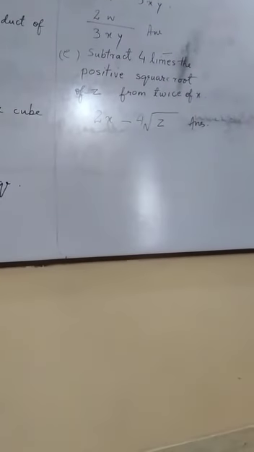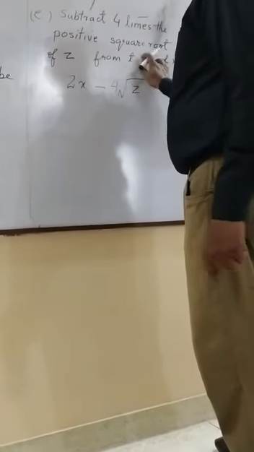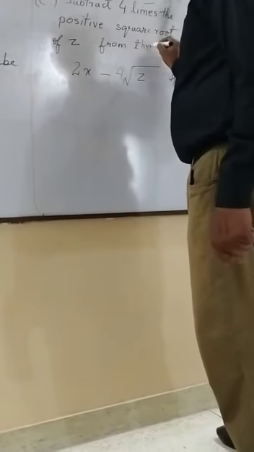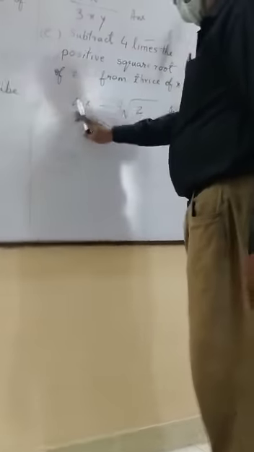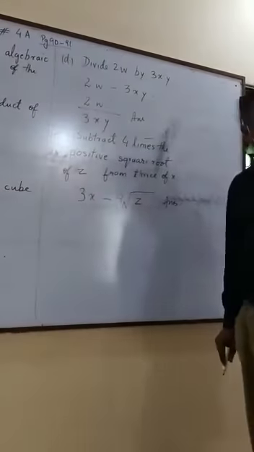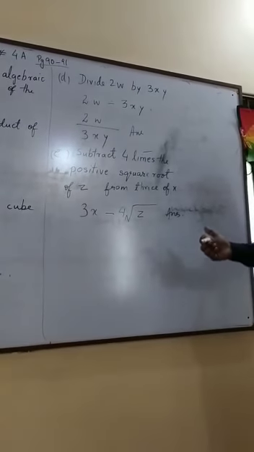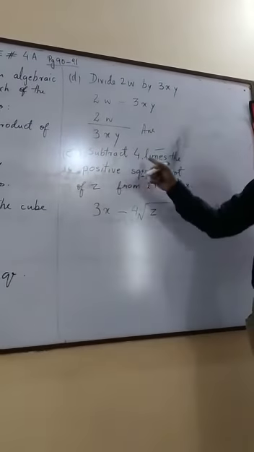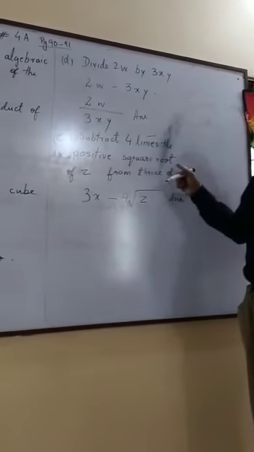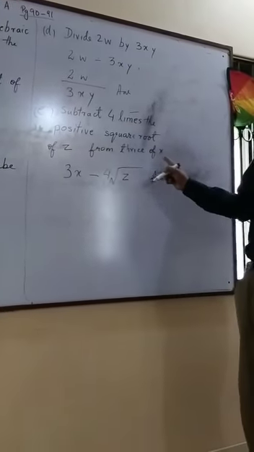Subtract 4 times the positive square root of z from thrice of x. So here instead of twice they are giving thrice. If thrice is given, it means you have to write 3 here. This is part E. Subtract 4 times the positive square root of z from thrice of x. So thrice of x.